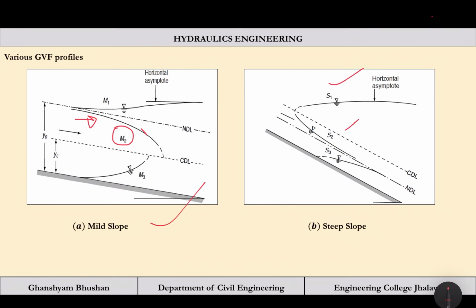This is S1, this is S2, this is S3. So S2, as I have told you, number 2 will also always be the drawdown. So you can see the depth will always be decreasing in the direction of flow. Why this? You can see somewhere here that this is perpendicular. Here dy by dx will be infinity, dy by dx is approaching infinity.